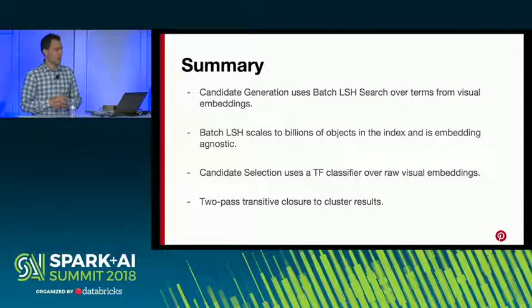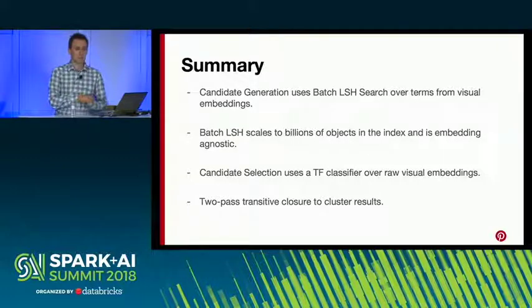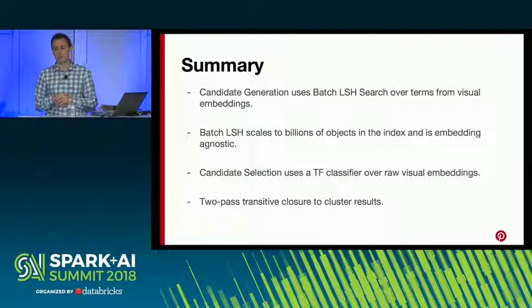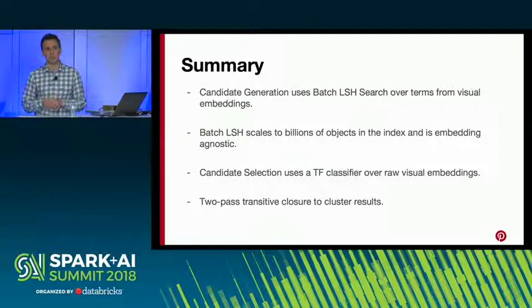So in summary, I've talked about a pipeline to detect similar images and cluster them, and more broadly to work over embeddings, that leverages the batch LSH implementation for candidate generation and does so at the very high scale of billions of comparisons a day.